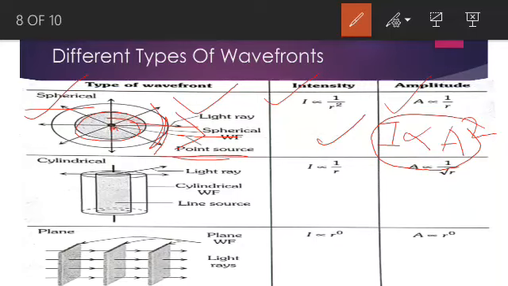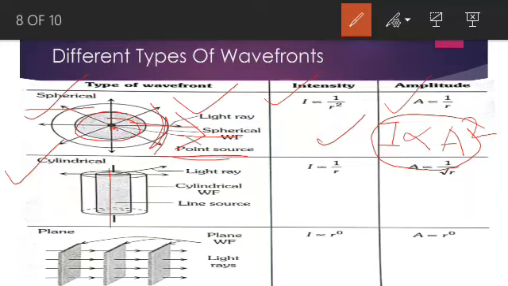Similarly, in the second row the cylindrical wavefront is discussed. So we say that if the source is a line source, then from this line source a cylindrical wavefront will be emitted.